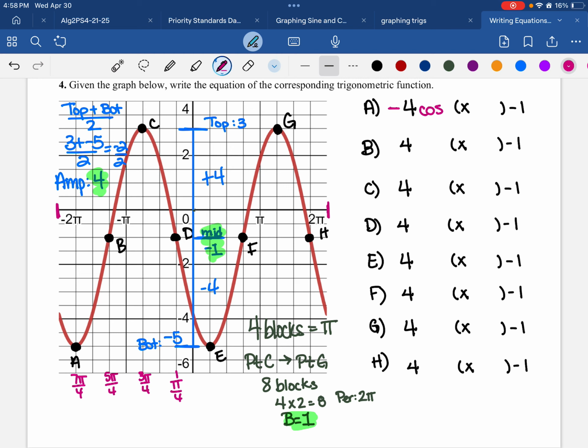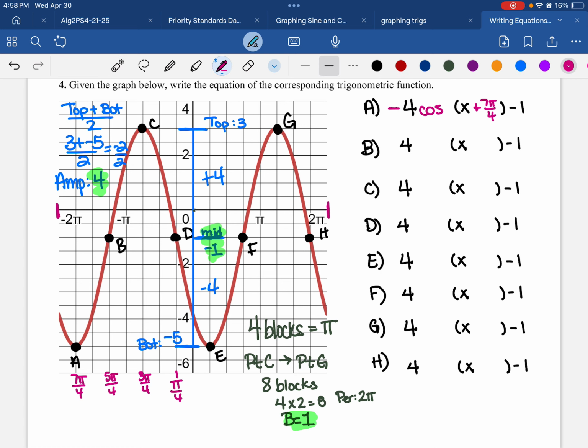So those are negatives, and then the other side would be to the right, the same numbers, but when it's subtraction. So if I pick A, I went to the left, so I would add, and then go 7 pi over 4. Okay? If I pick B, B is sine, so sine starts here, and I went up, so that means sine is positive, and I'm at 5 pi over 4.